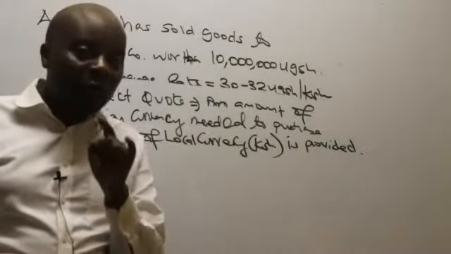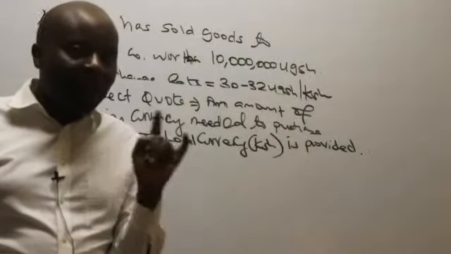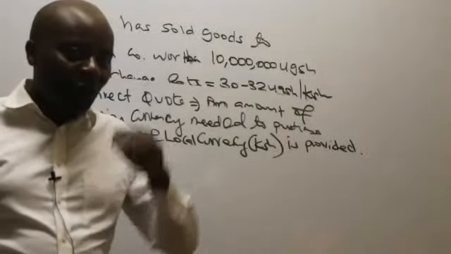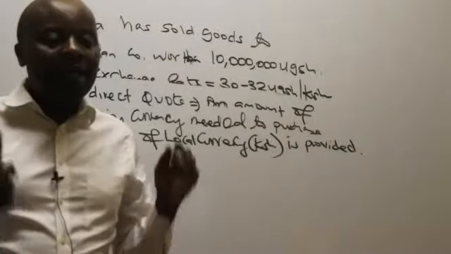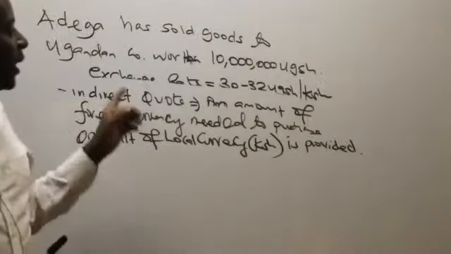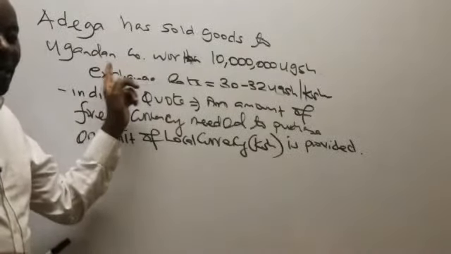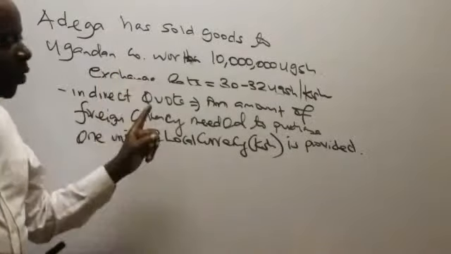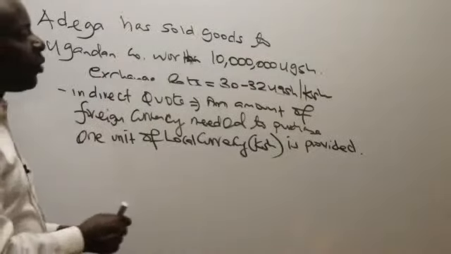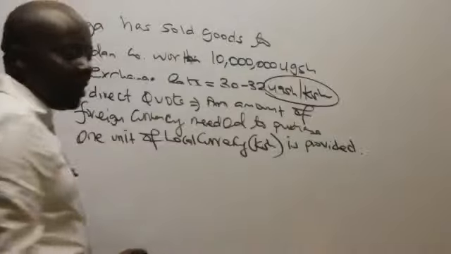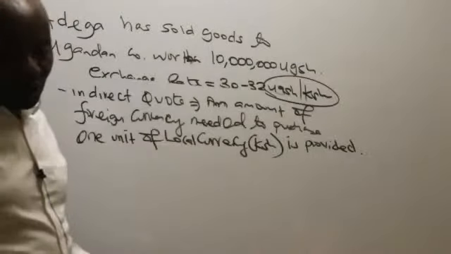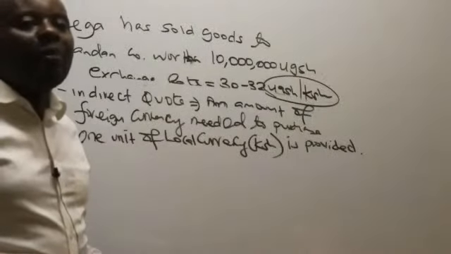If you have to be very honest with me, that concept does not make sense. You buy high and then you sell low to make a profit, it doesn't make sense. It can only make sense when you look at Adega's case. Now, in Adega's case, could you kindly tell me what kind of representation is this? Is it a normal representation or an abnormal one?